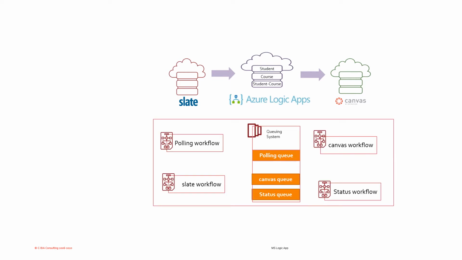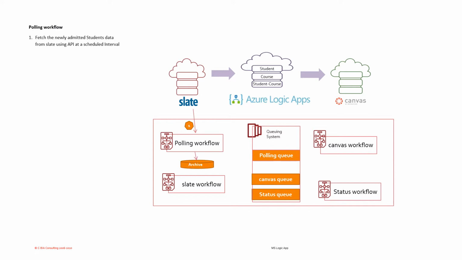Essentially, what we've got is 4 workflows. We've got a polling workflow, a Slate workflow for the Slate system, a Canvas workflow for the learning management system, and a status workflow. And this is linked together through 3 different queues: a polling queue, a Canvas queue, and a status queue.